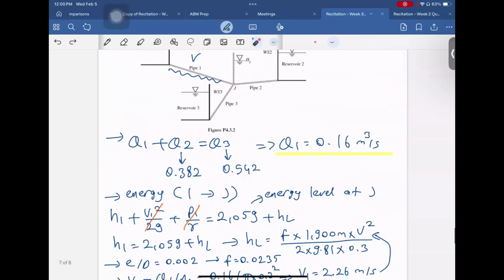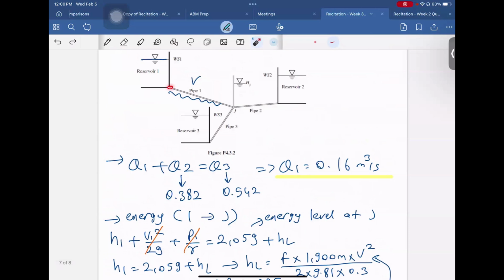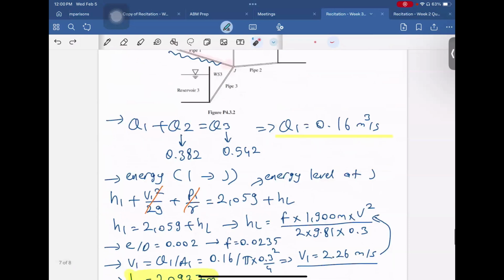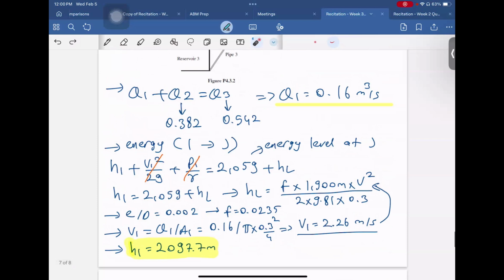And again, we wrote the energy equation between 1 and J here. And here, we removed these values because it is open to atmosphere and it is a very large tank. So the only unknown is H1 on the left-hand side, and the other unknown is the friction factor here.